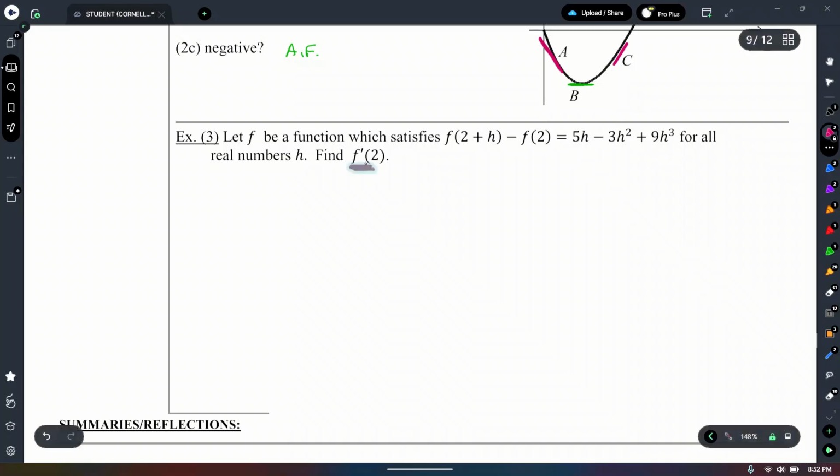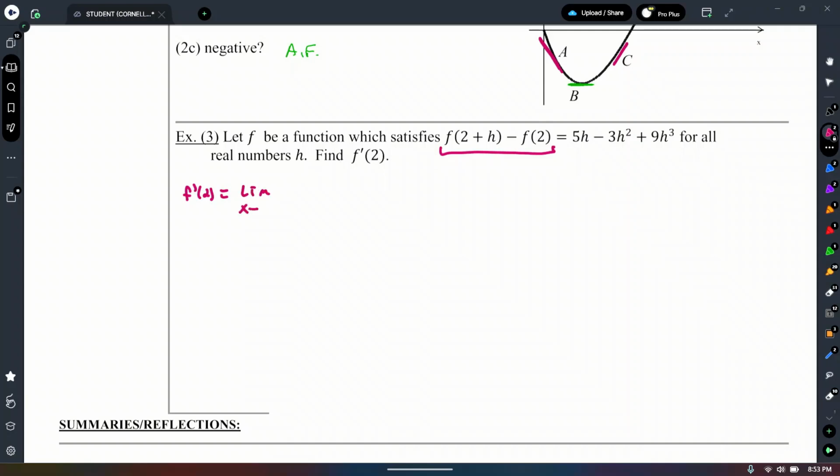The thing that you need to recognize is this looks like the top part of our definition of the derivative. So we're looking for f prime of 2, and we're going to find this derivative. This is the limit as h goes to 0 of f of 2 plus h minus f of 2, and we're using the definition, so it's all over h.